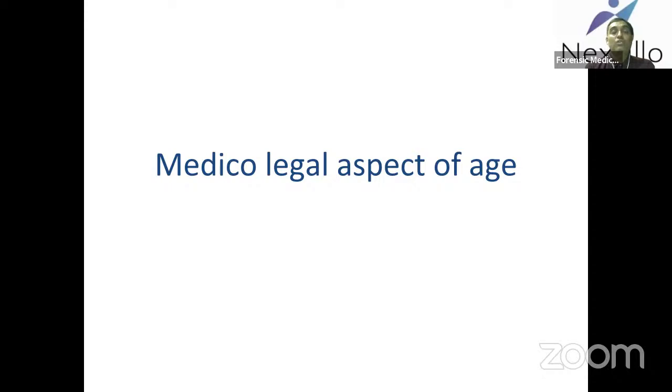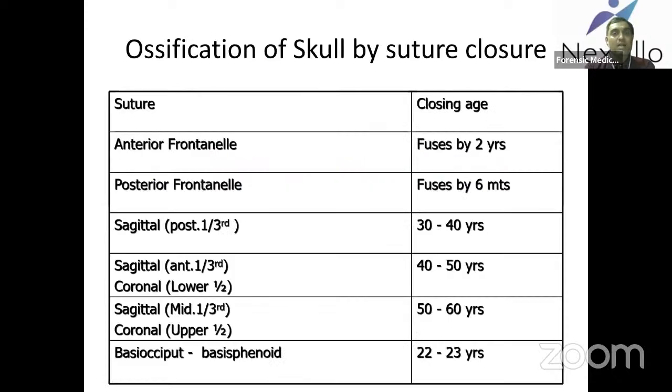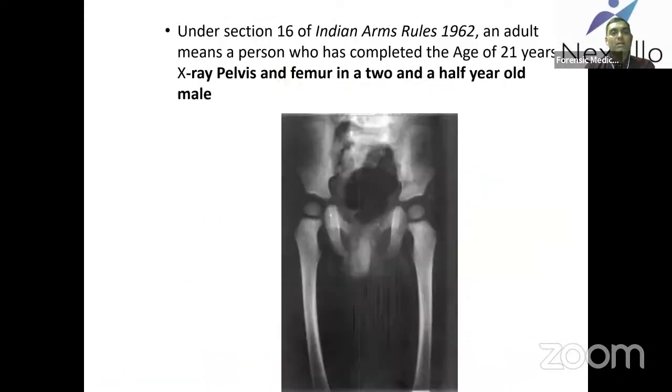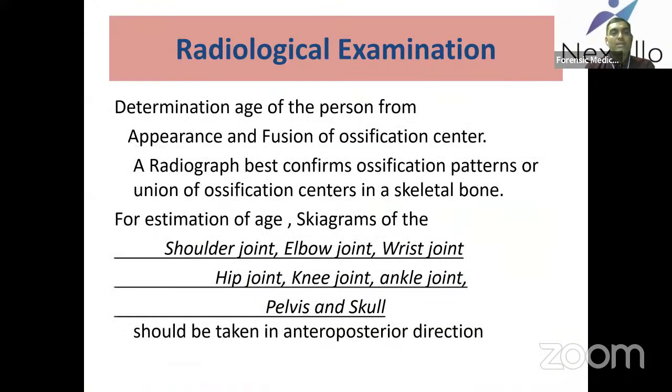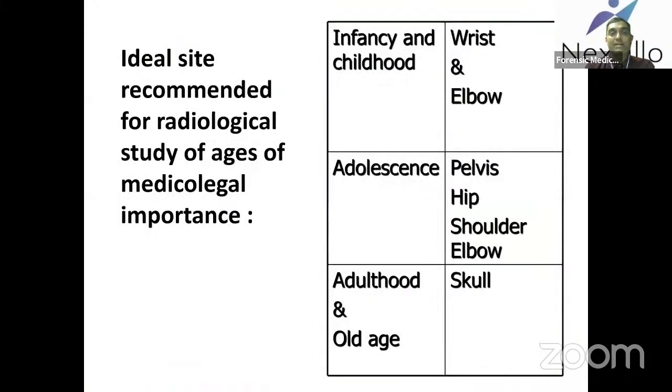So students, this is a very important thing, as I told you, these are all the important parameters from our forensic radiology point of view. We have seen different things like this X-ray. Again, I'll quickly go through so that you can understand. We have seen the ideal recommended radiological studies for infancy, childhood, adolescence, and adulthood.